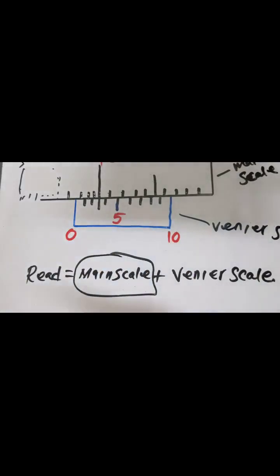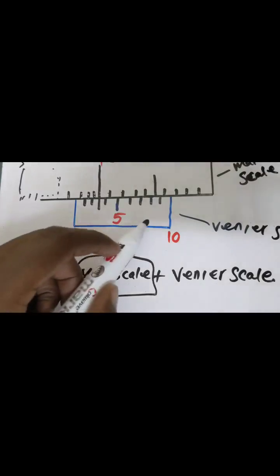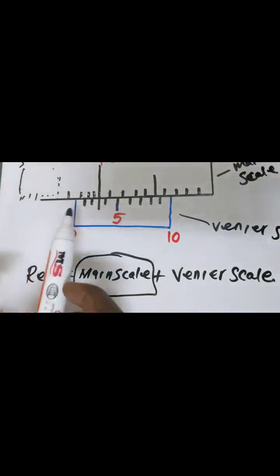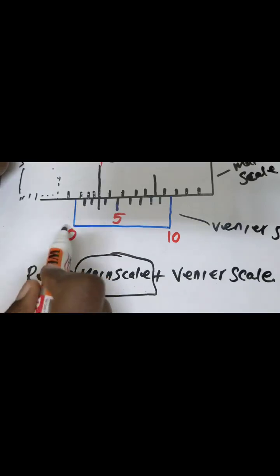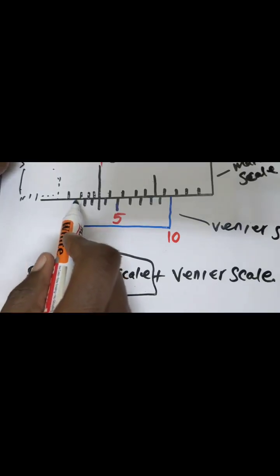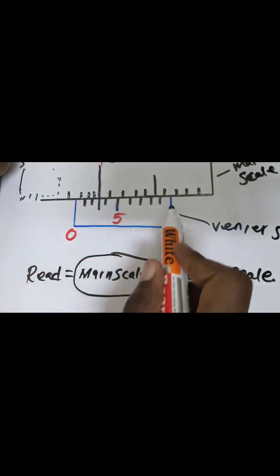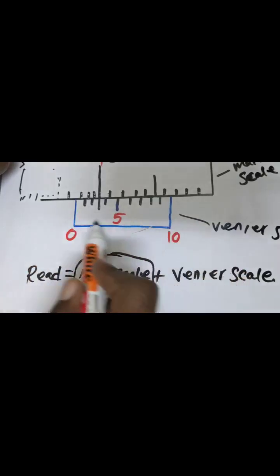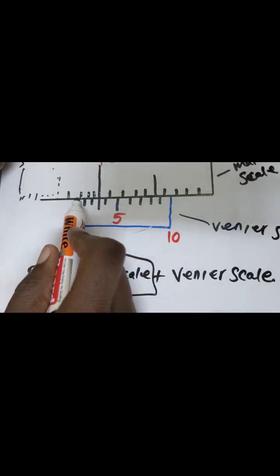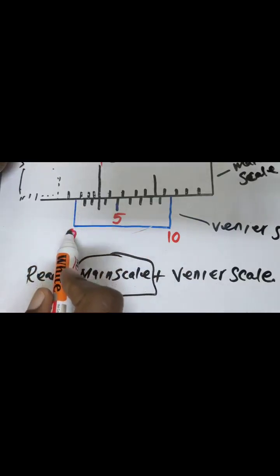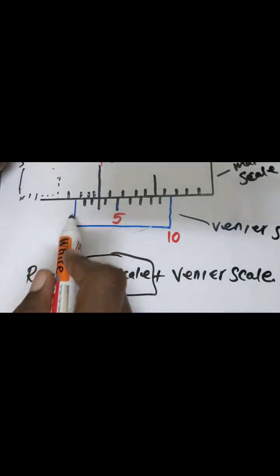You should get the reading of the main scale before the 0 reading of the Vernier scale. This is where the Vernier scale is, and this is where the 0 starts.